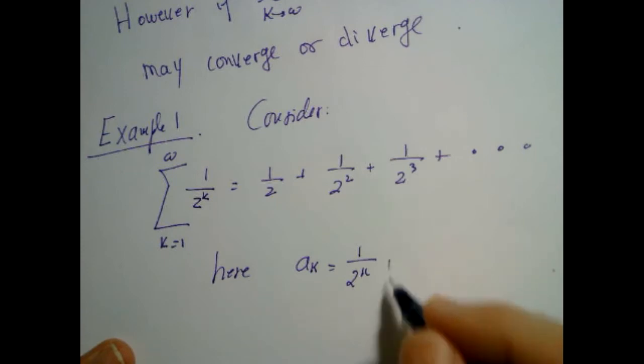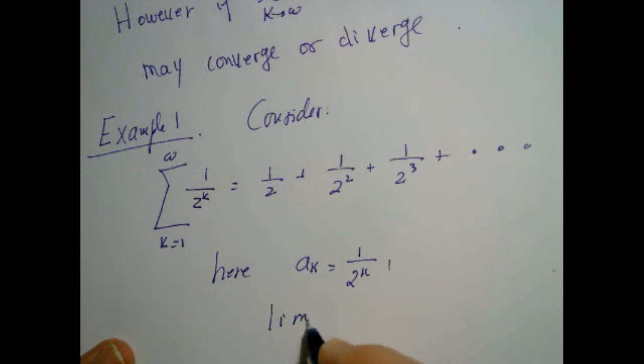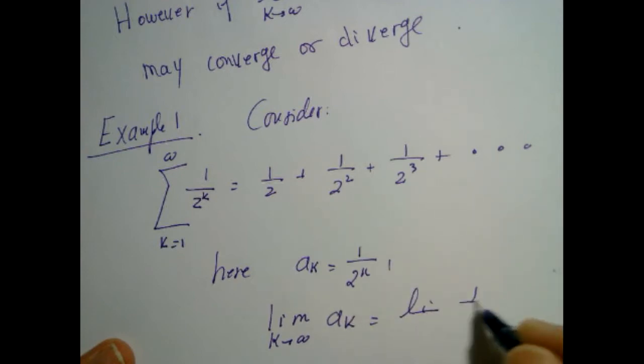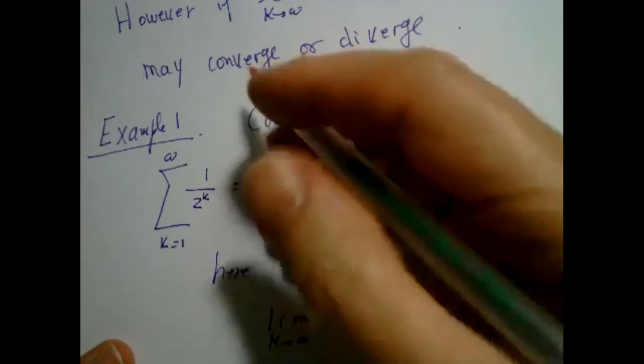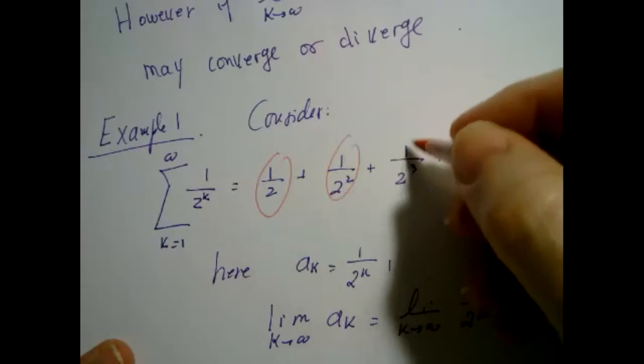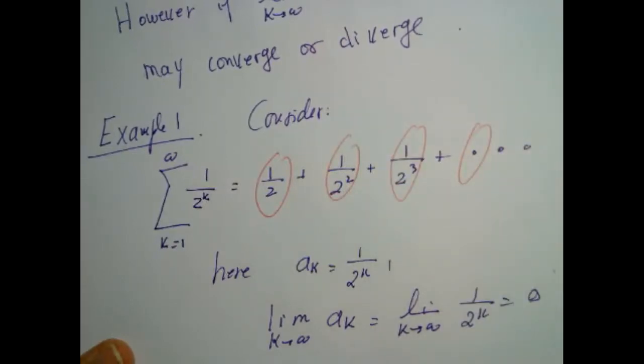Now, when k goes to infinity, in this case, the terms become definitely small. Those terms are becoming small, and so on and so forth.